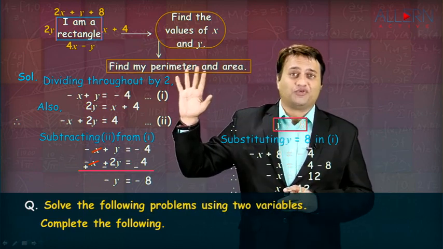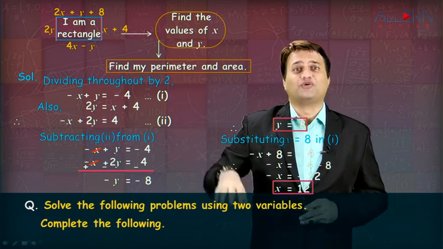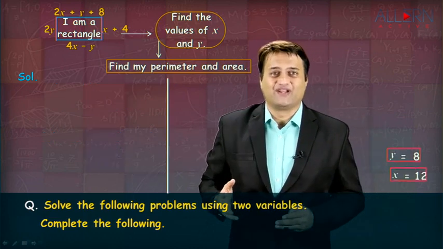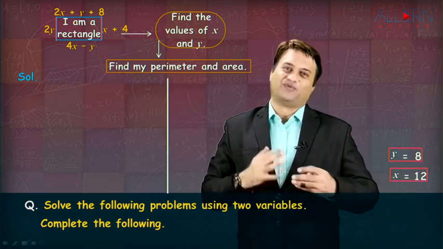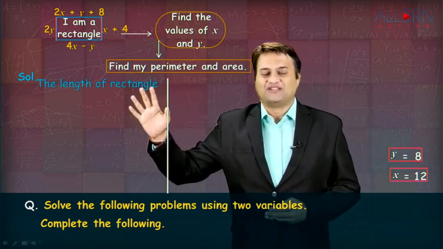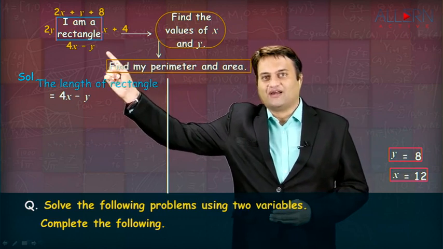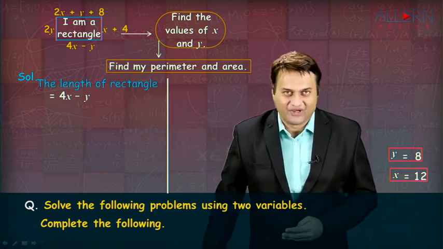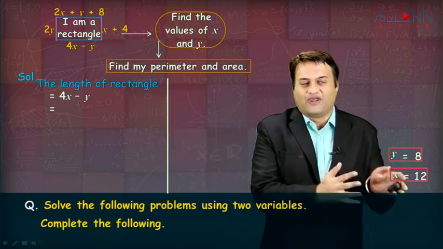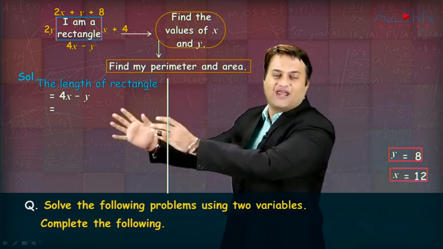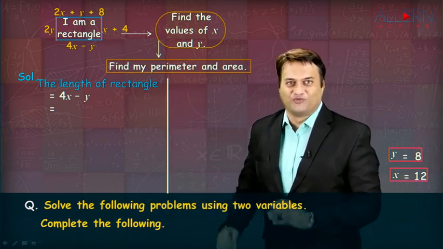Now it's time for us to find the perimeter and the area, but to find the perimeter and the area of the rectangle, we should know the length and the breadth of the rectangle, right? So let's find the length of the rectangle first, and we all know the length of the rectangle here is 4x minus y, right? So let's substitute the value of x as 12 and y as 8 in 4x minus y. What do we get?